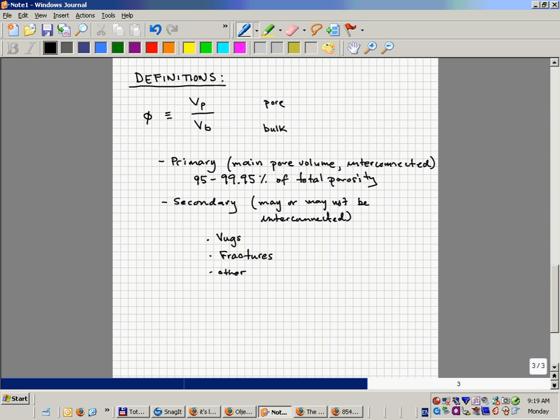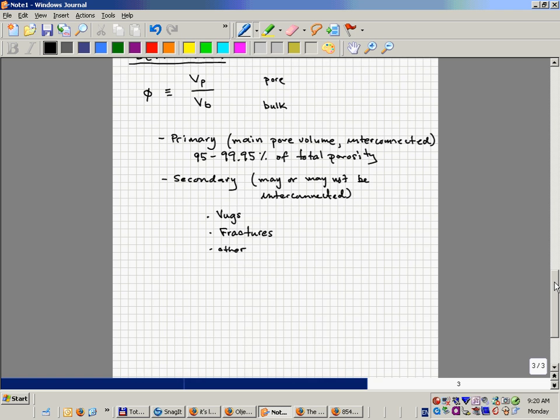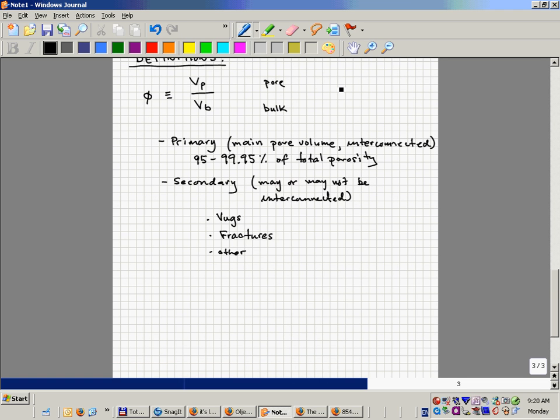The range of porosity is anywhere from maybe 2 to 45%. Maybe the common range would be 2 to 30%.